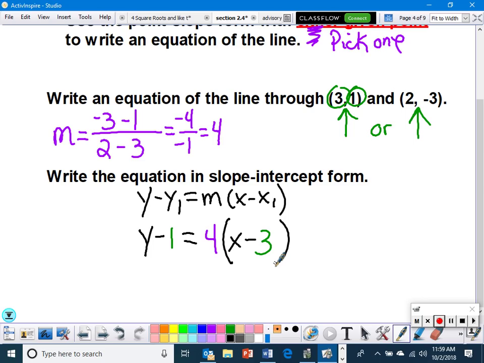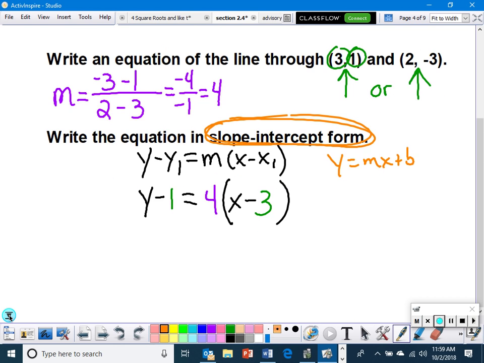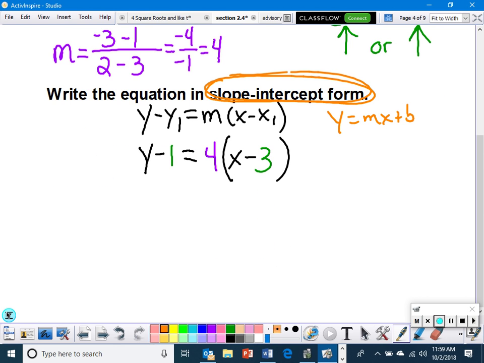Now, I need to simplify it, put it in slope-intercept form. That means I need to get y by itself. It's going to take a couple of steps. Step 1, we need to get rid of the parentheses.